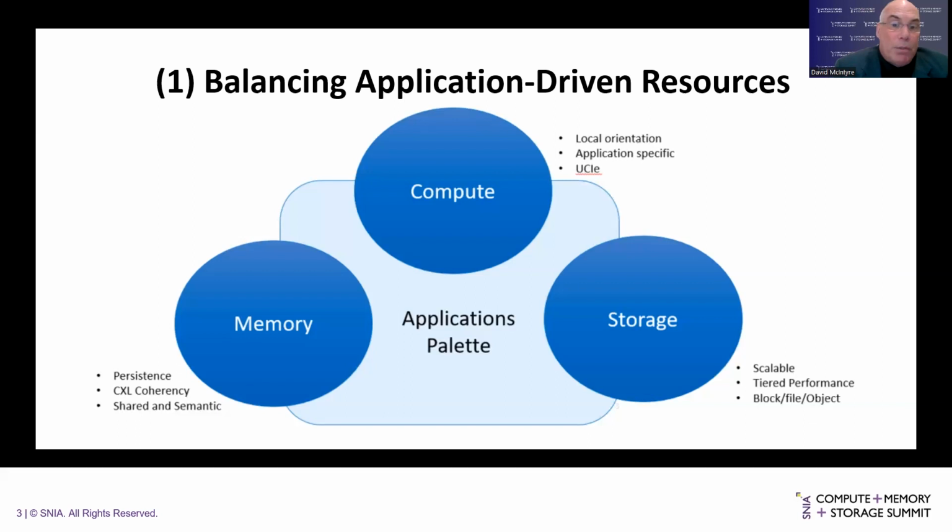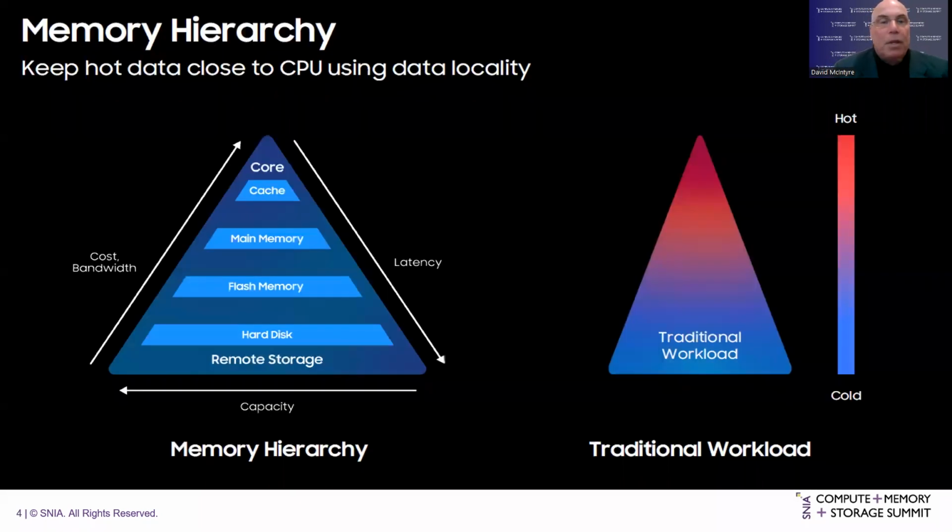And another example is genomic sequencing. We also need to be cognizant about supporting different data types and also files. So block, file, and object need to be part of our evaluation.